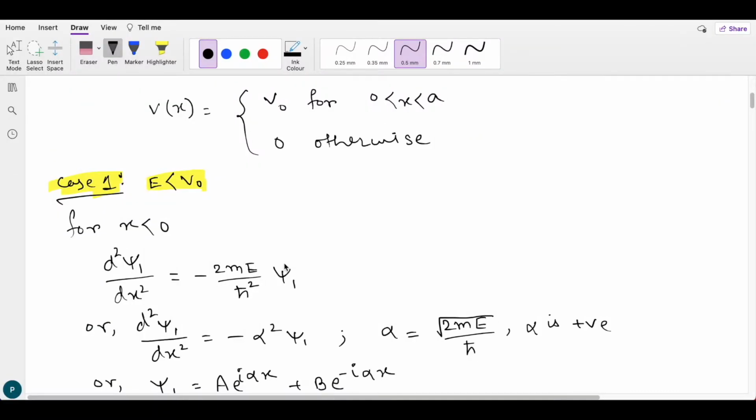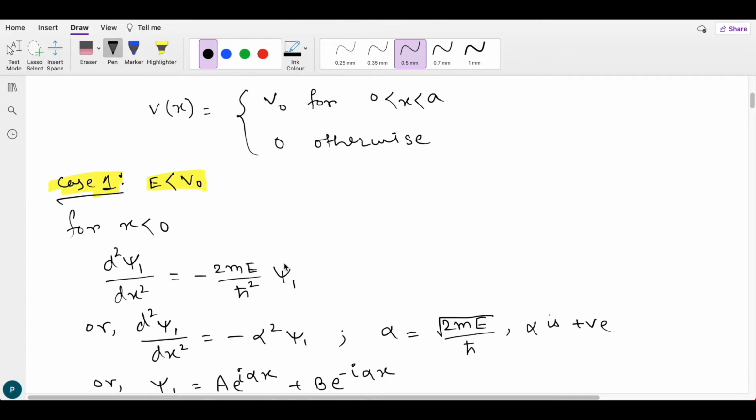Let's see the case where E is less than V0.